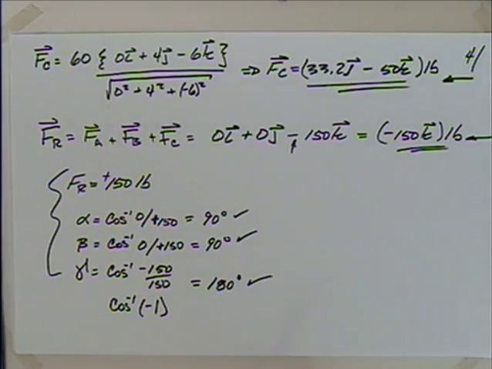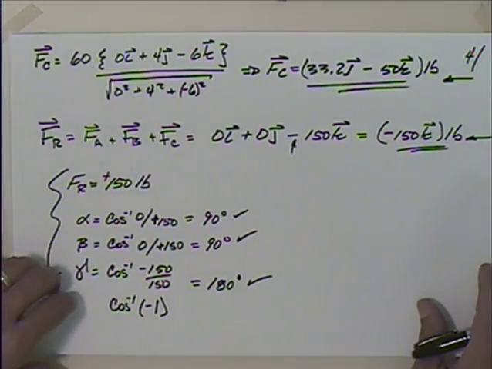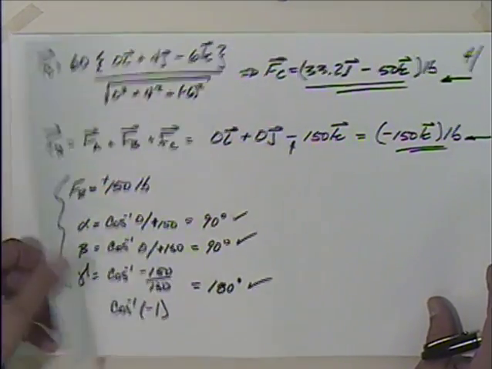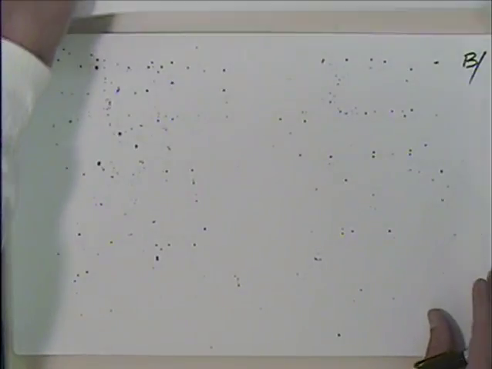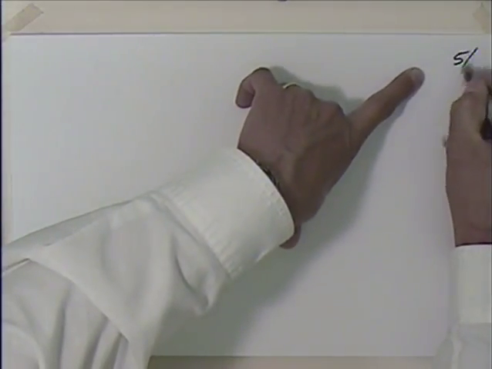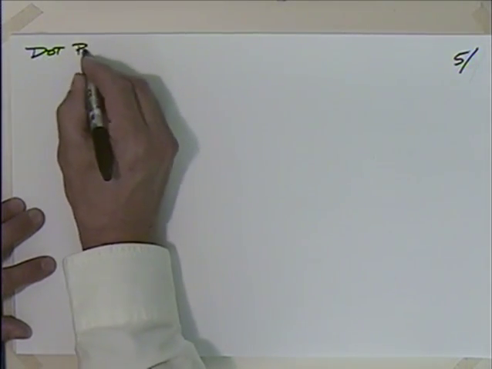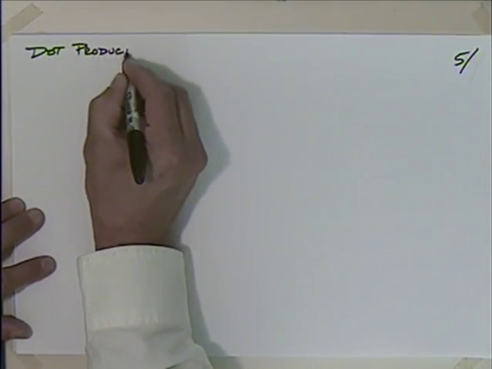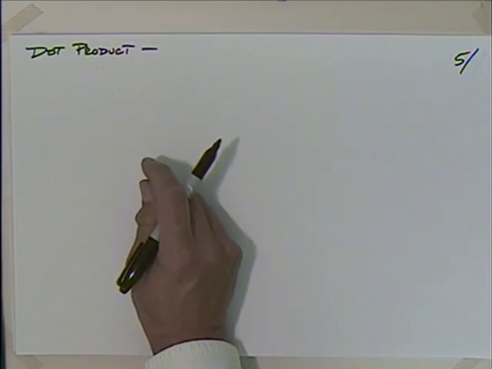Well, let's see. We're going to change gears kind of significantly here and go into the dot product. Let's see how that works out. So hopefully you've started talking about this in math.